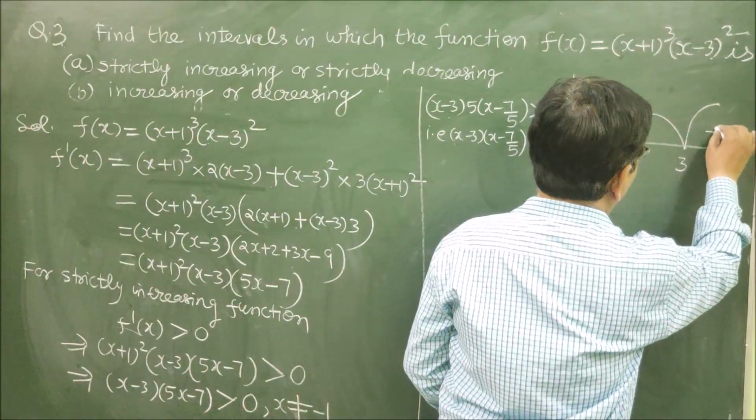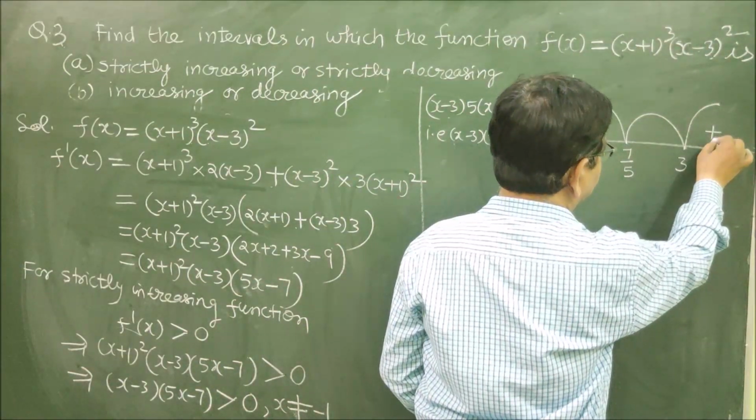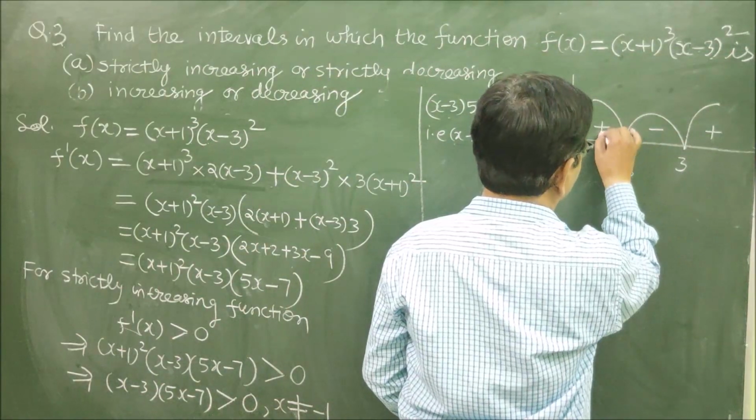To the right of 3 the value is positive, so put the plus sign, then minus sign, and then plus sign.